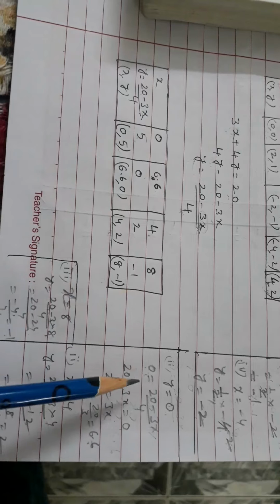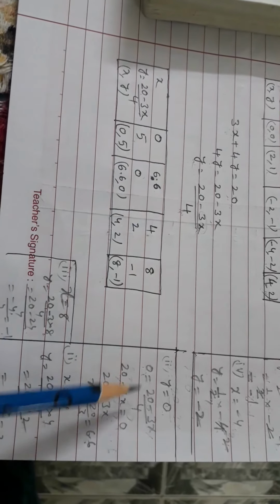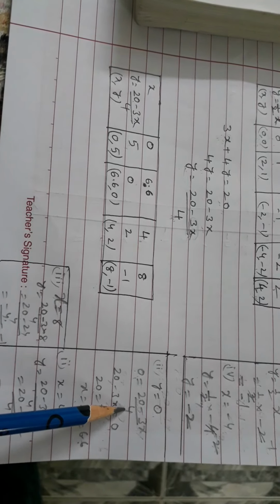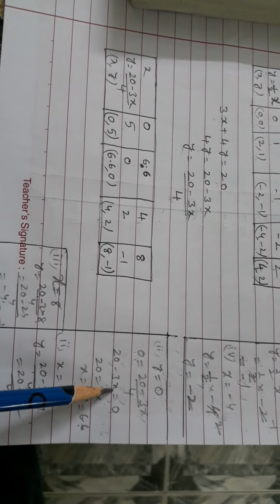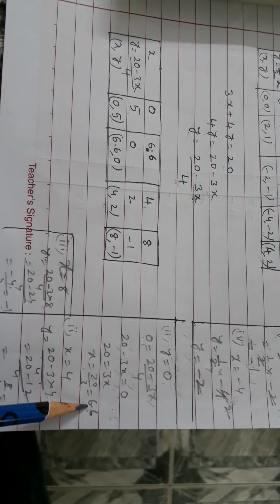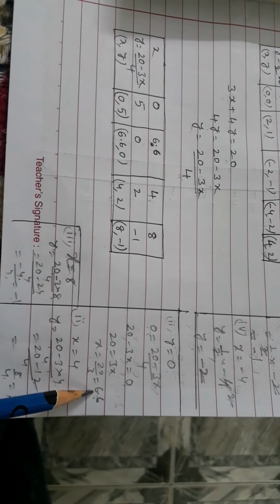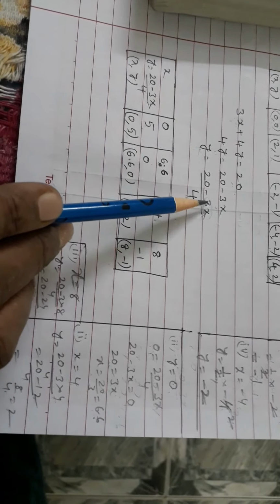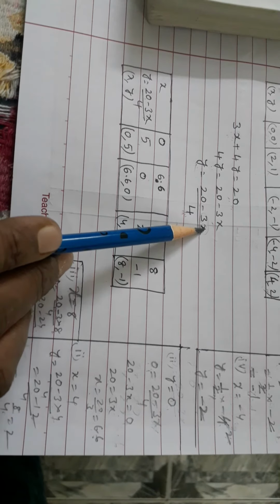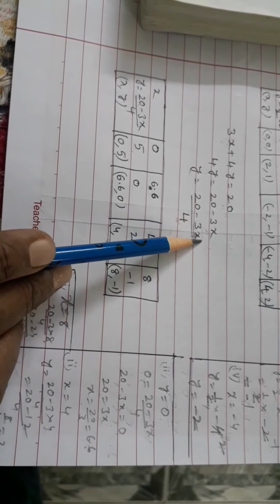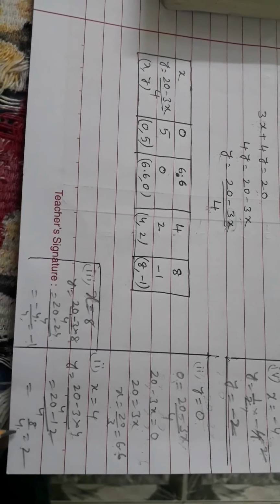Now put y is equal to 0, then 0 is equal to (20 minus 3x) by 4, that is, 20 minus 3x is equal to 0, 20 is equal to 3x, so x is equal to 6.6. Now put x is equal to 4: 3 into 4 is 12, 20 minus 12 is 8, 8 by 4 is equal to 2.